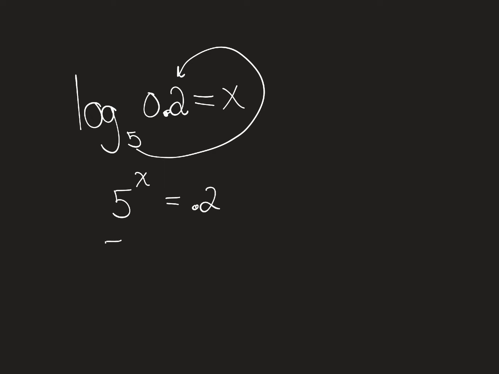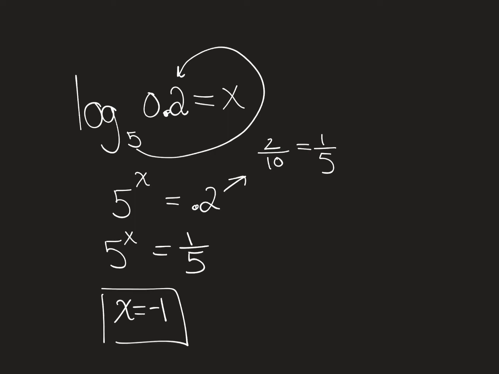I'm going to rewrite this for you. 5 to some power equals 0.2 is the same thing as 2/10, which is the same thing as 1/5. So I'm going to rewrite this as 1/5. So my x needs to equal a -1 because I need to send the 5 down to the denominator, but I don't want to change its value. I want it to stay 5. Well, if you raise 5 to a -1, it sends the 5 down to the denominator.